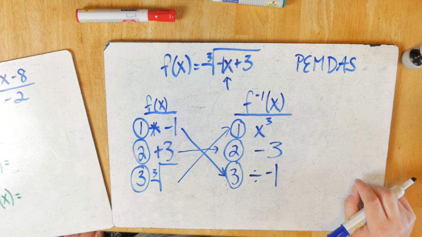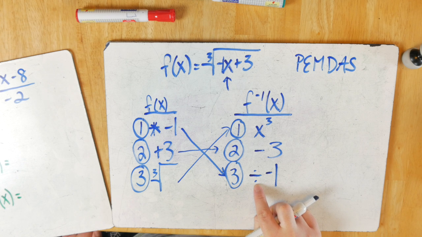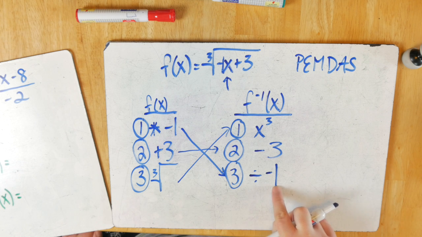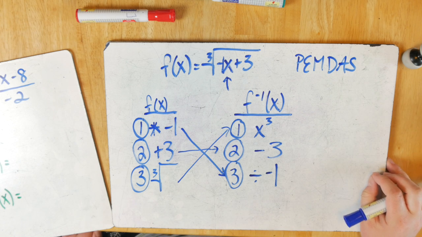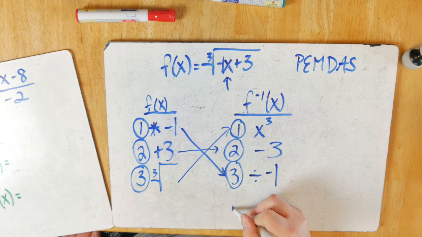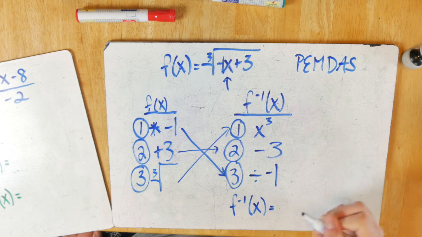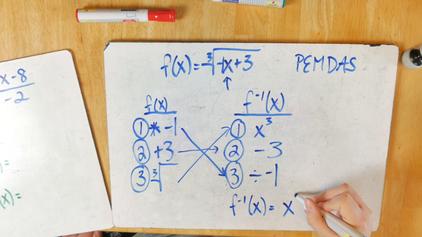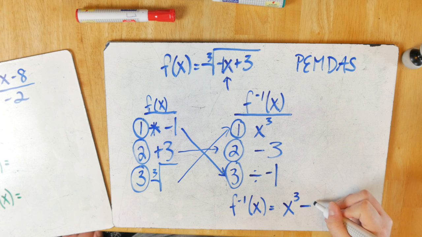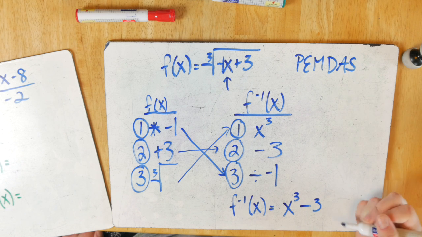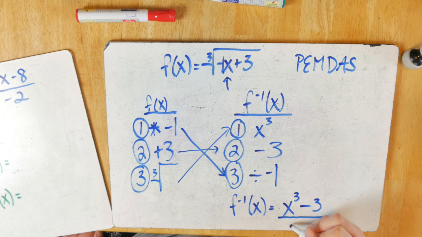So that one doesn't really matter, but if you want to think about it as the inverse operation, you can certainly think about it as dividing by -1. So if we take some input, the first thing we're going to do is cube it, and then we're going to subtract 3 from it, and then we're going to divide by -1.